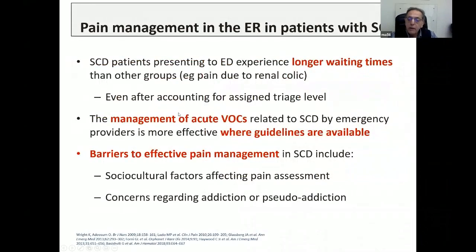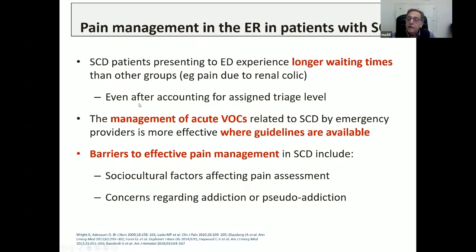Now, what are some of these problems, and why do emergency medicine providers have to be a part of the multidisciplinary team taking care of these patients? We have, and others have noted, that sickle cell disease patients presenting to the ED experience longer wait times than other patient groups, for example, if somebody comes in with a renal colic.